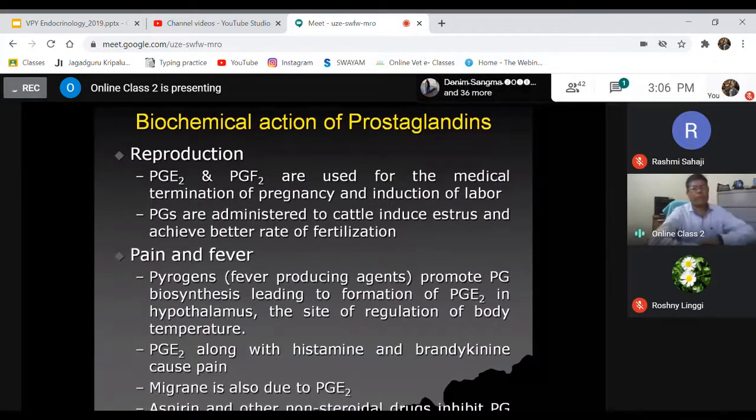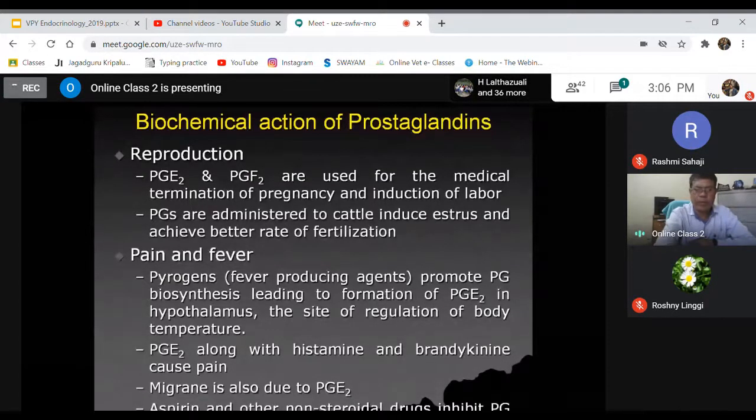In case of pain and fever, pyrogens, that is the fever-producing agents, promote prostaglandin biosynthesis, leading to formation of PGE2 in the hypothalamus, the site of regulation of the body temperature. PGE2, along with histamine and bradykinin, causes the pain.